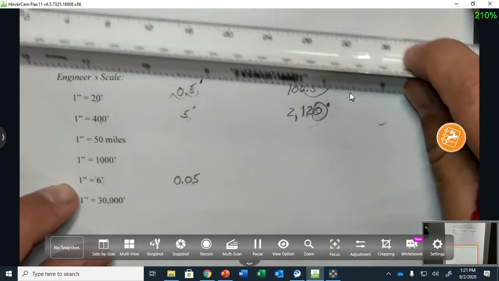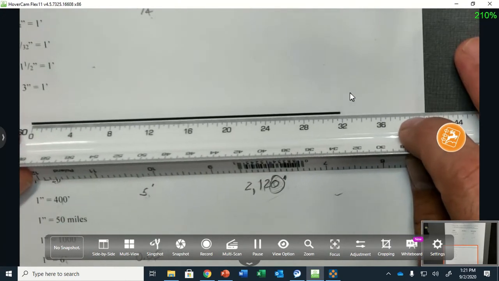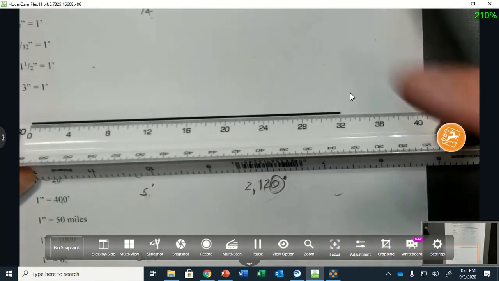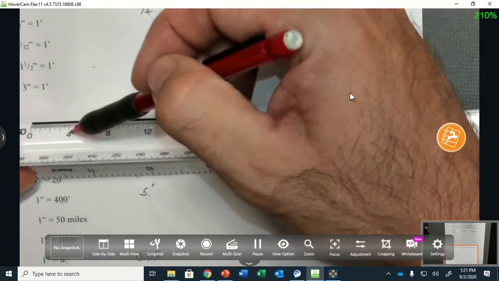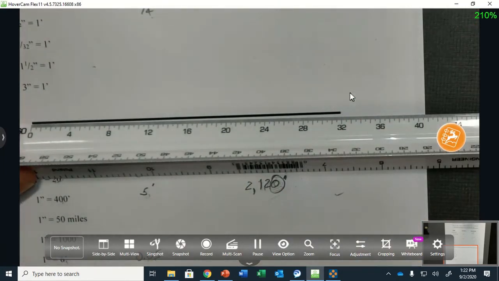Okay, so now let's measure that. Use the 60 scale, which is 1 inch equals 6 feet. Okay, so that's actually 30, almost 32 feet. I gotta take off my glasses.